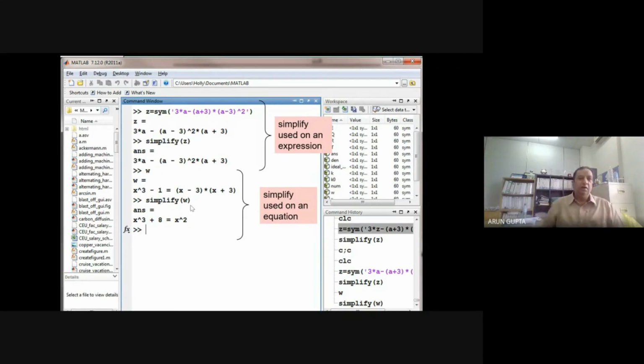So actually the term is saying that if you write an equation and then you write simplify, Matlab will simplify in its own way. You can try the first one.